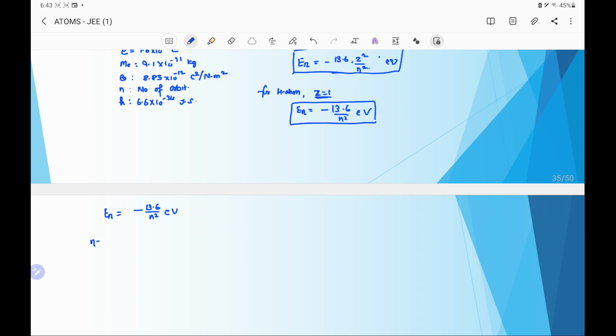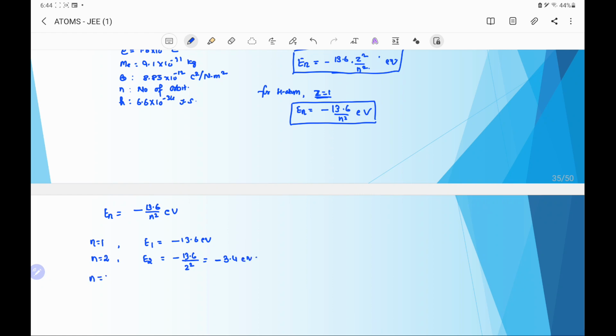So for first orbit, that is n equal to 1, E1, energy of the first orbit will be minus 13.6 electron volt. For n equal to 2, energy of the orbit will be minus 13.6 divided by 2 square, and it will be approximately minus 3.4 electron volt.